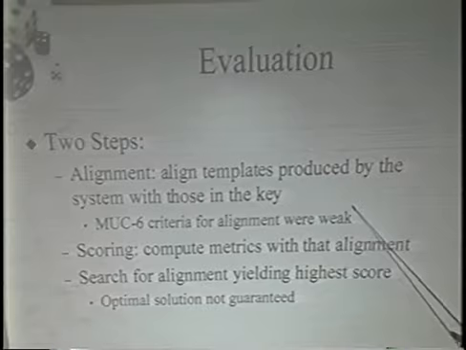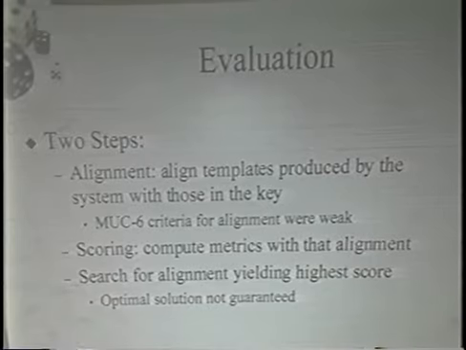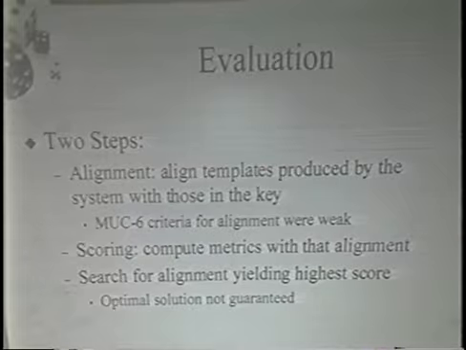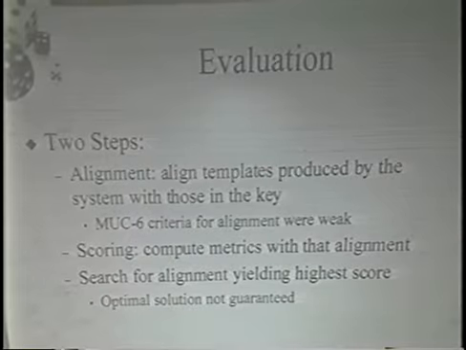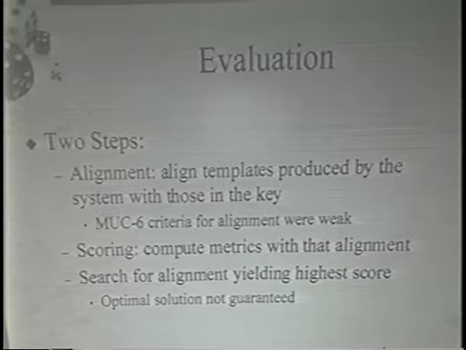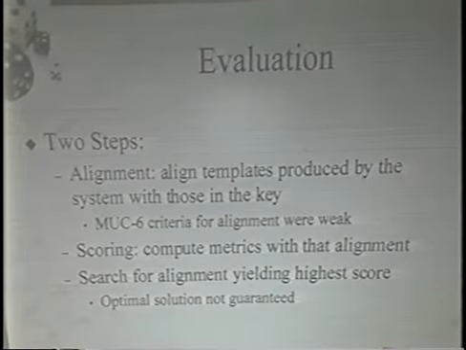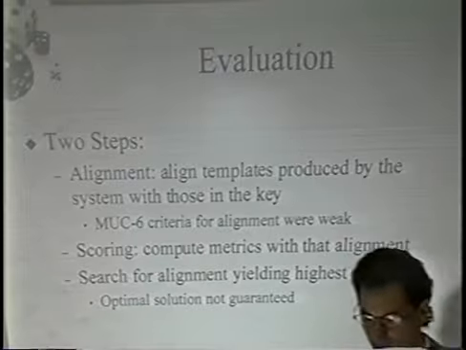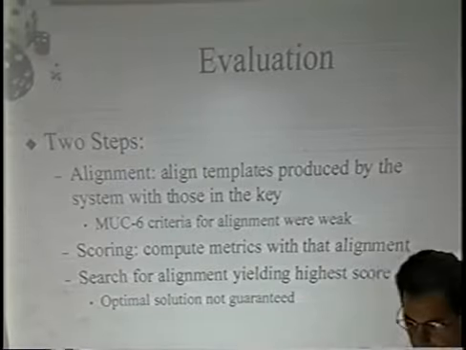Beyond that, then you do a search where you score that alignment and then try to search among different alignments, essentially in a greedy fashion, trying to find the alignment that maximizes the score. And because it's essentially a greedy process, an optimal solution isn't guaranteed, but we kind of expect one because while graph matching isn't an NP-complete problem, these graphs aren't that large.